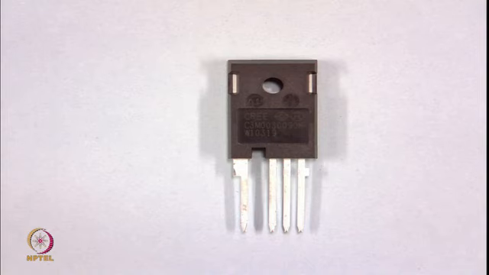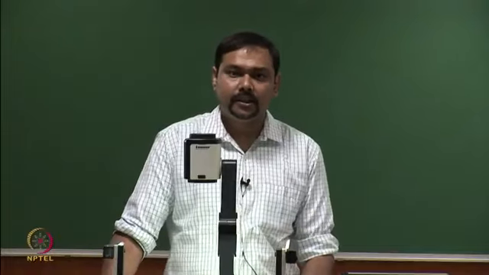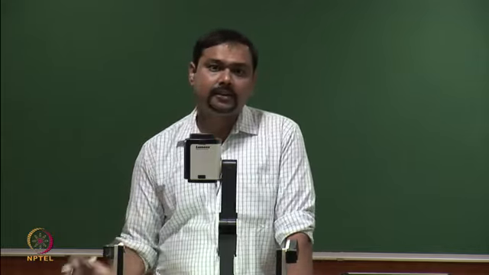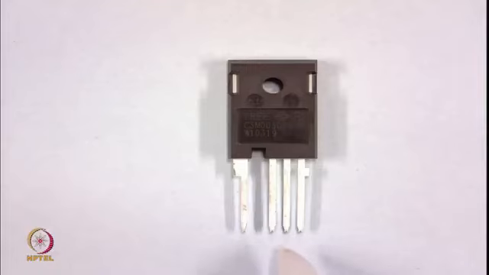Now, why 4 terminals? Since silicon carbide can switch at a much higher rate, the loop inductance in the gate drive path has to be minimized, because otherwise the L di/dt due to this loop inductance can be very high. So, to minimize the loop inductance, there are 2 terminals available from the source.